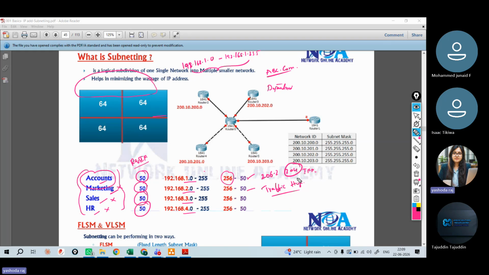Here also, so 204 into 4, roughly 800 IP addresses altogether are going to be wasted, right? So to avoid this type of wastage of IP addressing, they perform a solution called subnetting. This is the process of subnetting. Got it? Yeah, I got it.